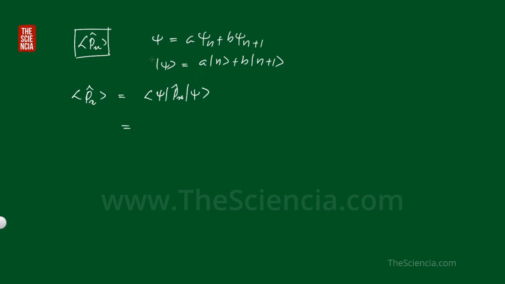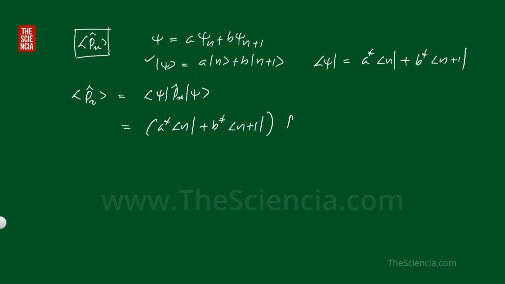We have to take the conjugate of this ket psi. So we get bra psi equal to a star bra n plus b star bra n plus 1. Okay, so we can substitute all these values here. We get a star bra n plus b star bra n plus 1, into Px cap, into ket psi, that is a ket n plus b ket n plus 1.